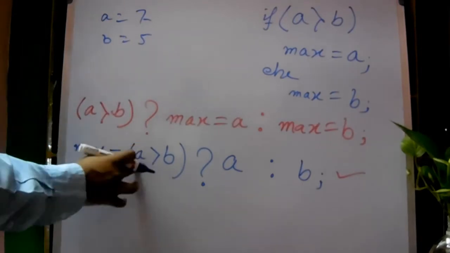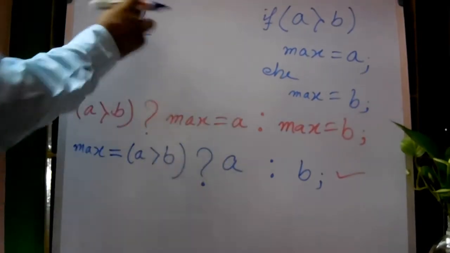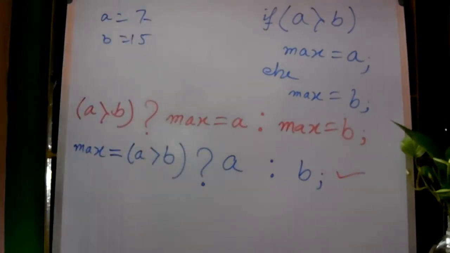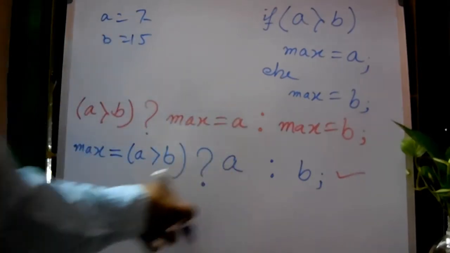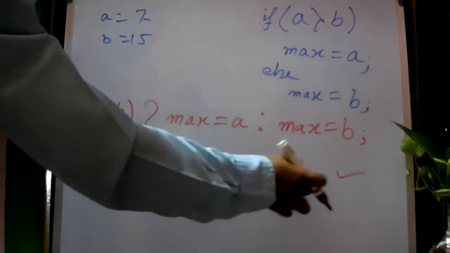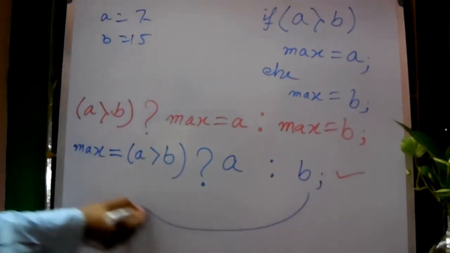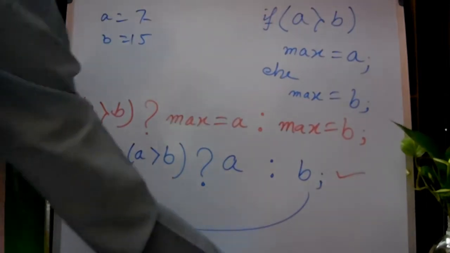Is 7 greater than 5? Yes, so a, which is 7, will be stored into max. Or if b is 15, is 7 greater than 15? No, so the if part will not execute, and it jumps directly to the else part, which is b. So b will be stored into max. Understood? So this is the concept of the ternary operator.